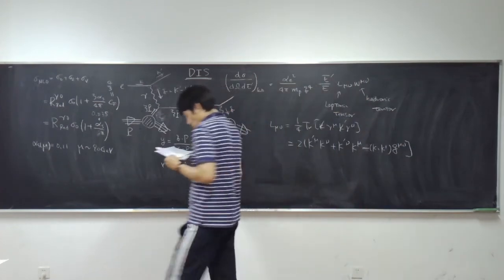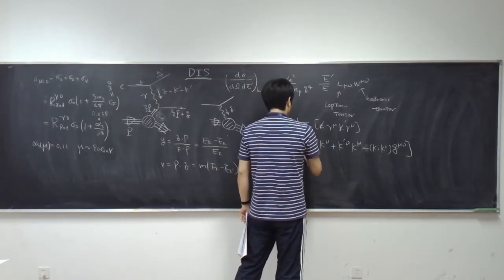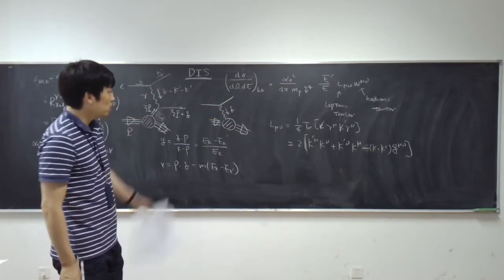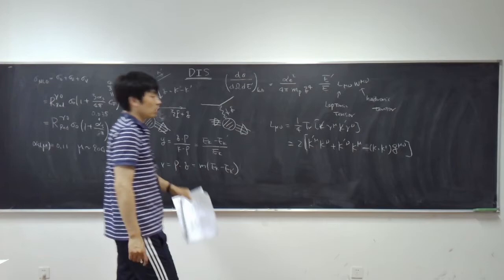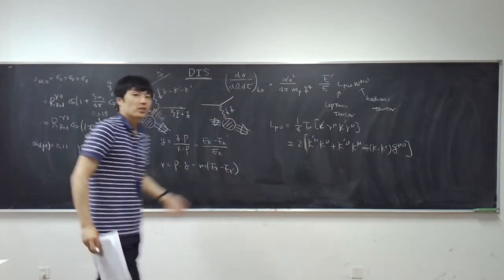So this is the one we can obtain from the leptonic part. This part is easy because it's the same as what I wrote before, just 10 or 20 minutes ago.